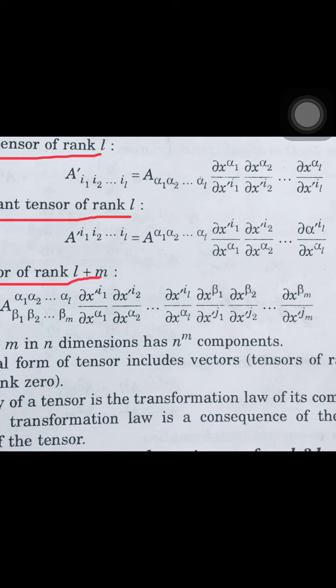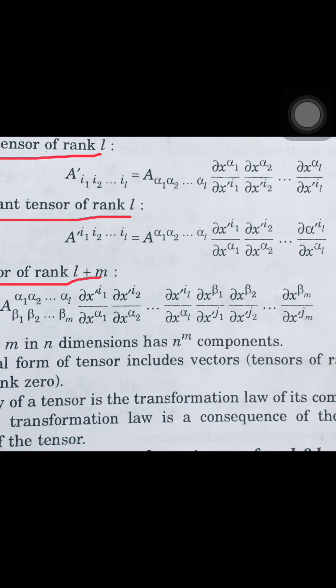So here is a transformation from without dash system to dash system, and it is of order L, so we have L components here of del x alpha 1 over del x i1 dash, similarly, last del x alpha L over del x iL dash. This is the notation of covariant.